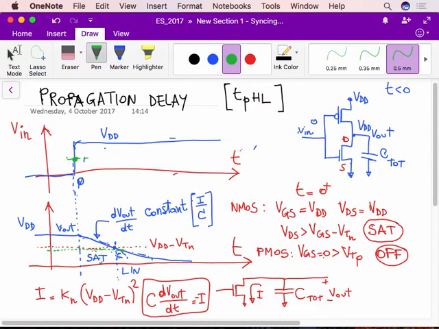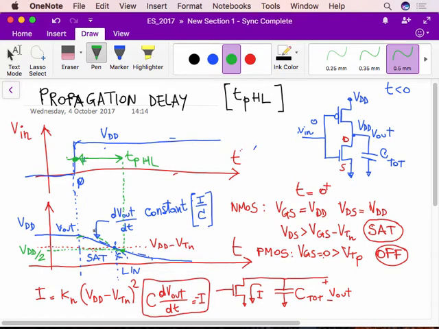Let's assume it is this one, okay? This is VDD half. So this is the time. And then the difference between these two instants is what we have defined as propagation delay. In this case, from high to low, because we are considering the behavior of the output.